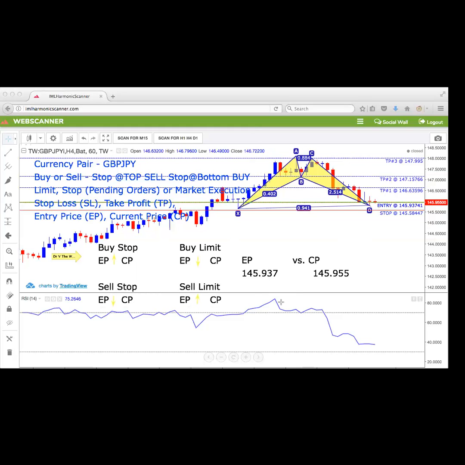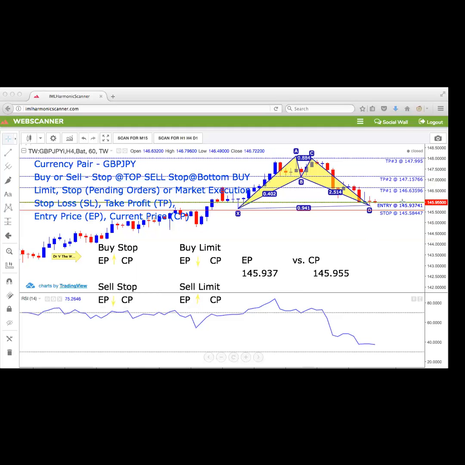So we first determine if it's a buy or a sell, and then we determine if it's a buy stop, buy limit, sell stop or sell limit, correct? Or market execution, because that's the next question. Let's say you look at your entry price and it's a buy.